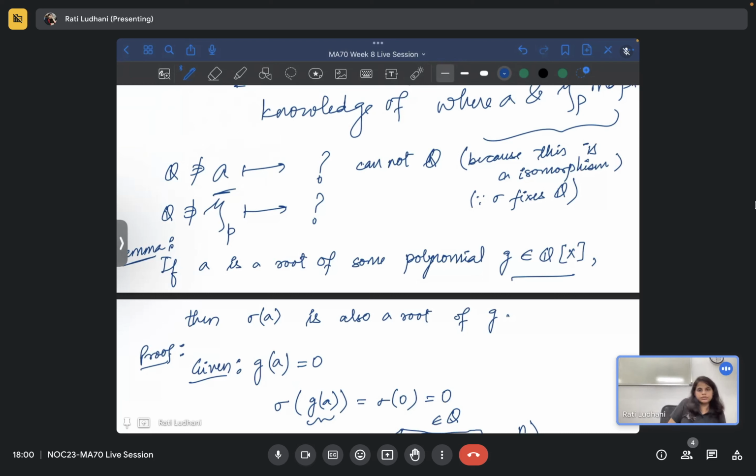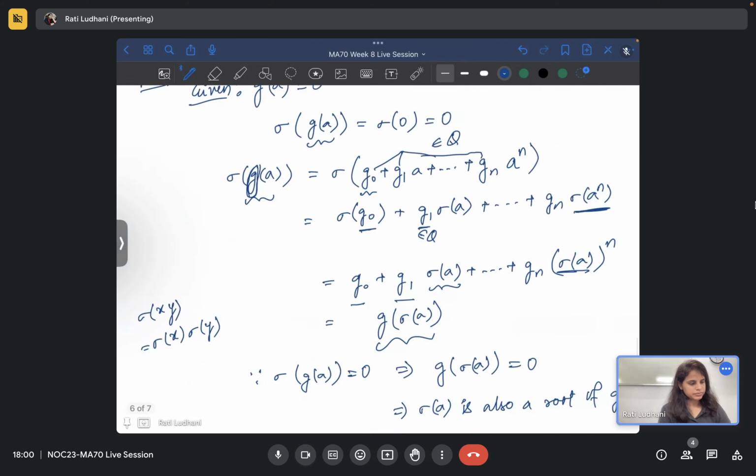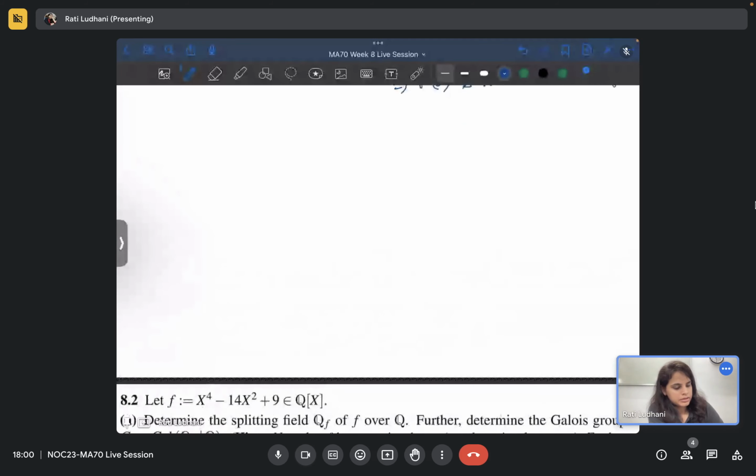That is one option. Okay, now there is one more condition. We don't have all those options. So a should map somewhere, zeta p should map somewhere.